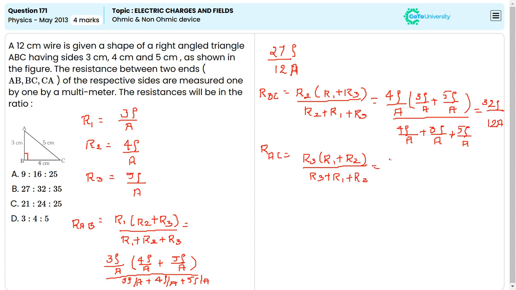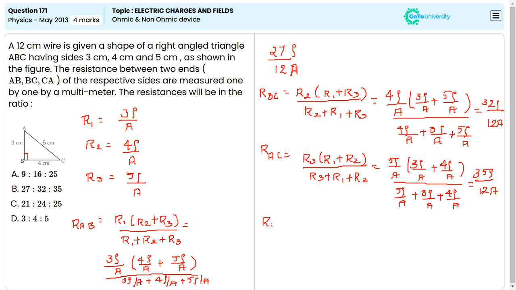We get 5 rho by A times 3 rho by A plus 4 rho by A, whole divided by 5 rho by A plus 3 rho by A plus 4 rho by A. By simplifying, we get the value 35 rho divided by 12A.